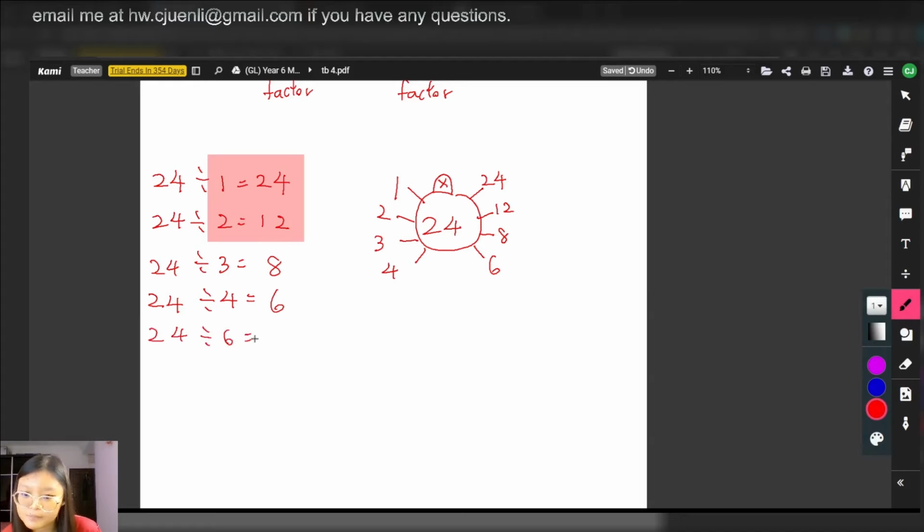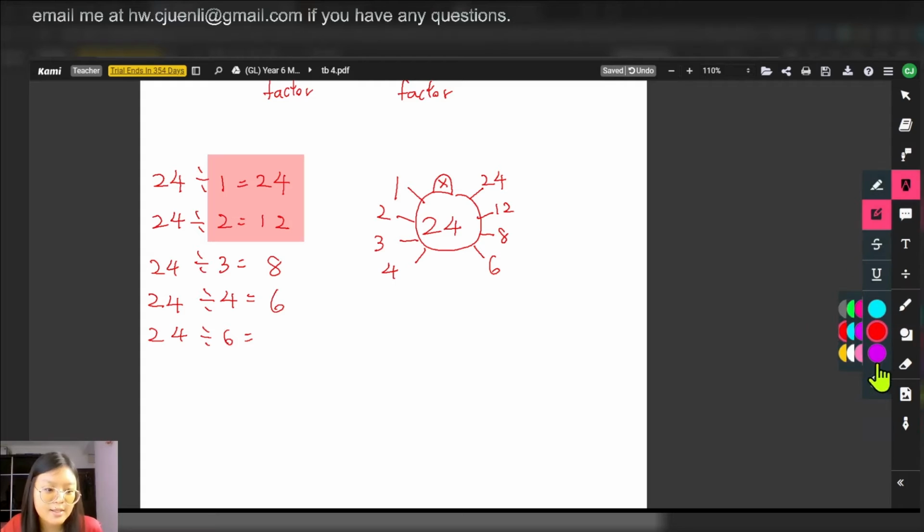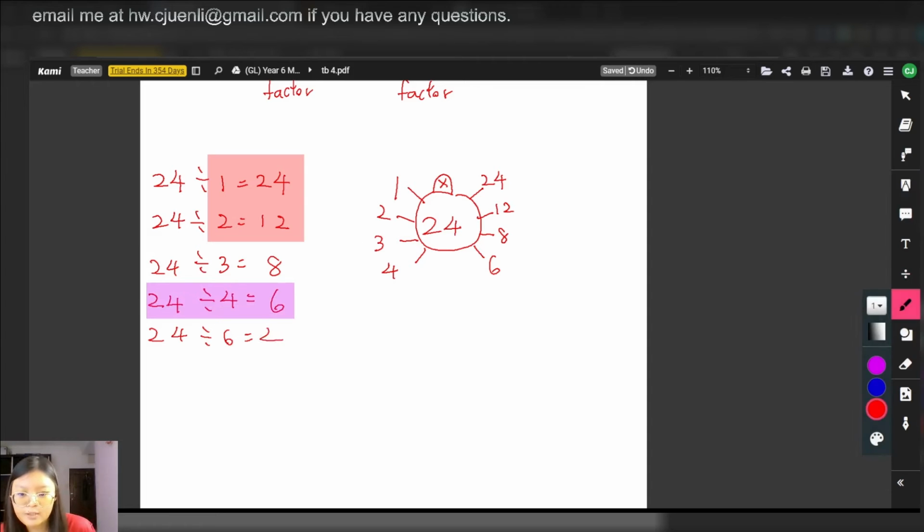Now, we already have 6 over here, as you can see. Let me just use a different color so you can see it. So divided by 6, it is definitely 4. It is the same thing over and over again. So to not waste time, let us not write it, but I will show it over here so you can see.